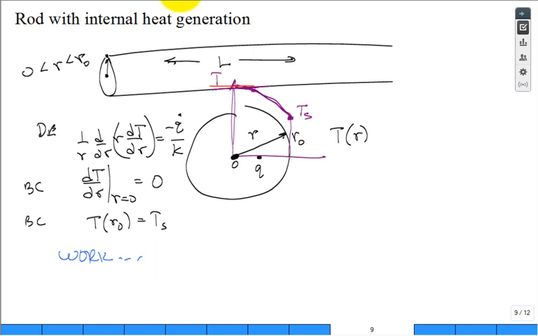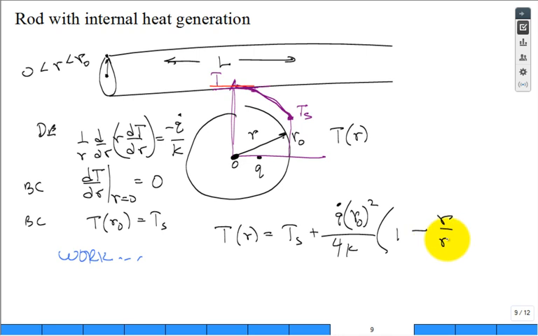So the temperature distribution, T as a function of R, is equal to the surface temperature plus Q dot R naught squared divided by 4K, times 1 minus R over R naught, squared.